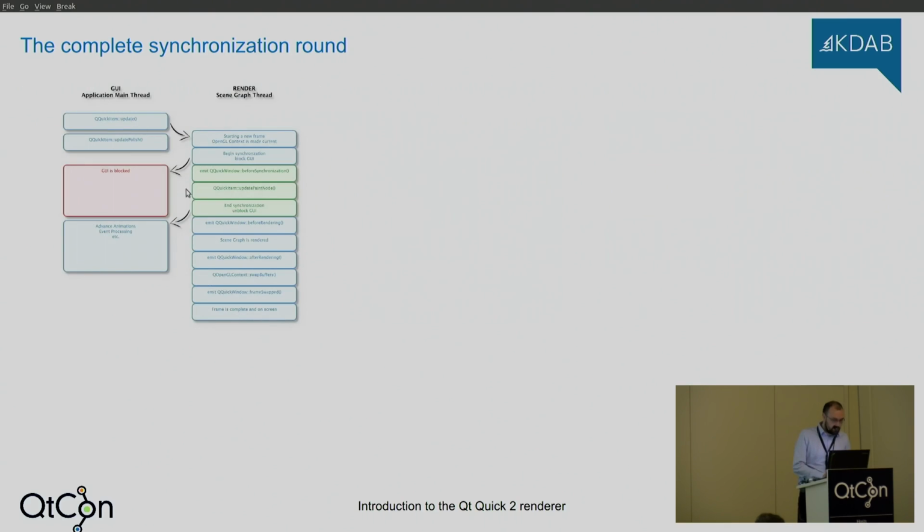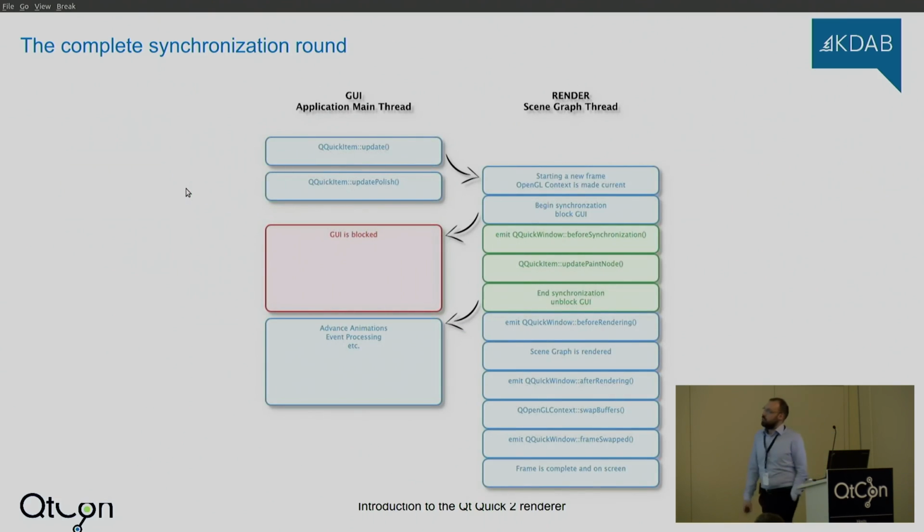Well, the whole thing is a bit complicated. This picture is straight out of the documentation if you Google Qt Quick scene graph. In particular, there are a few signals that get emitted by the renderer while this thing is progressing. So this is the same exchange as before. That's the step in which the UI is blocked, and this is the renderer calling QQuickItem updatePaintNode.